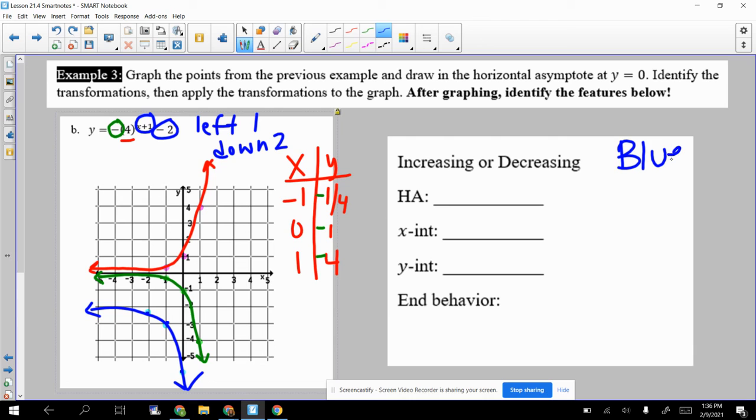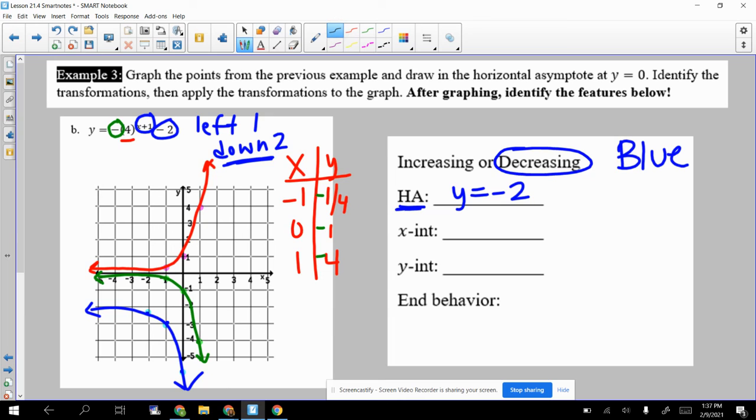So now we have to answer these questions again. So as we move from left to right, is it increasing or decreasing? It is going downward, so decreasing. In this one, our horizontal asymptote did change. So remember, if it moves up or down, your horizontal asymptote is going to change, and this one moved down 2. So y is at -2.